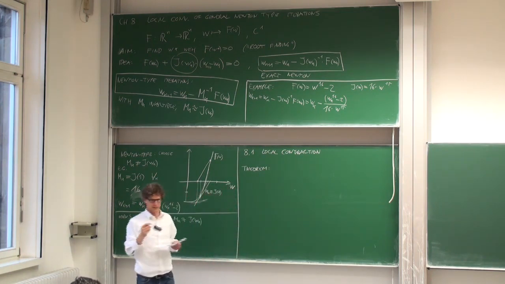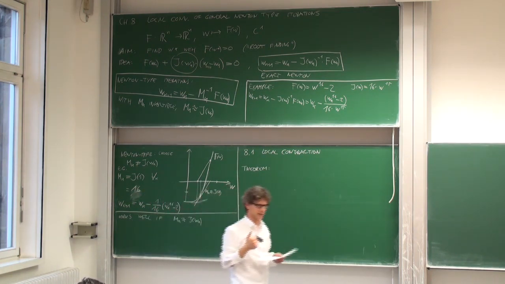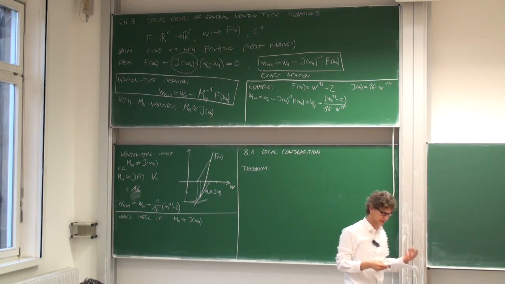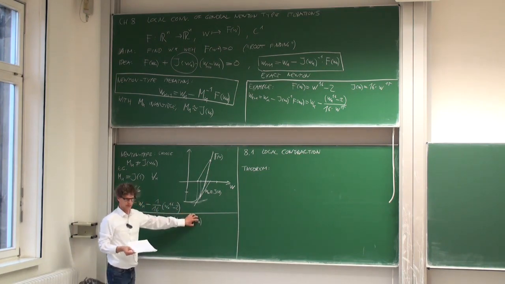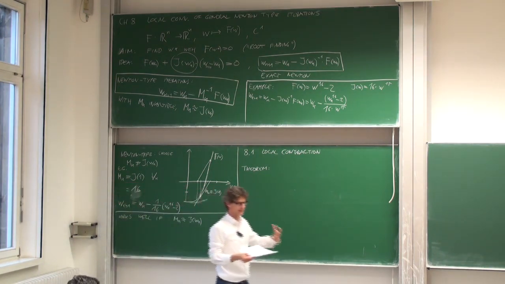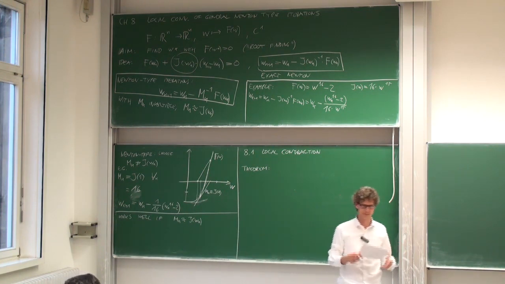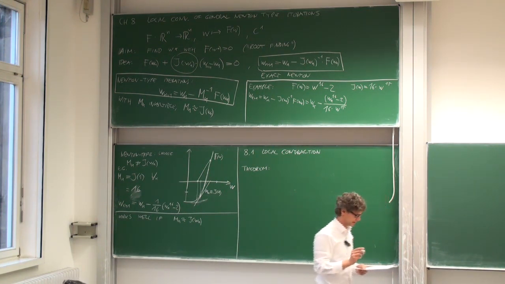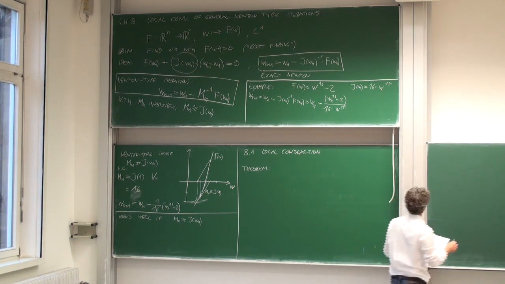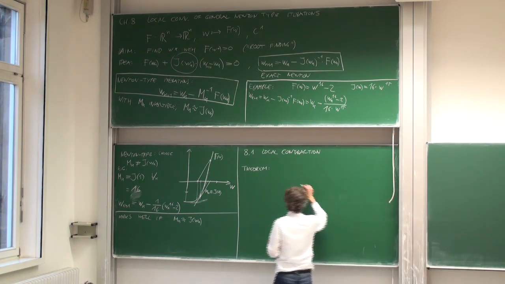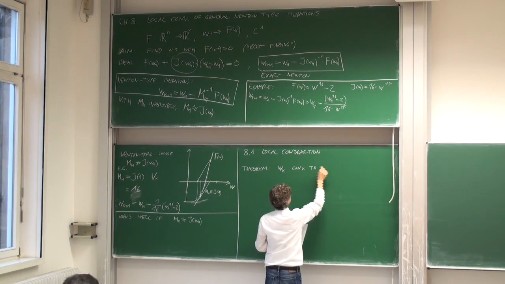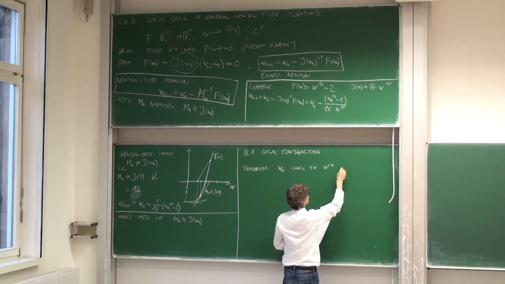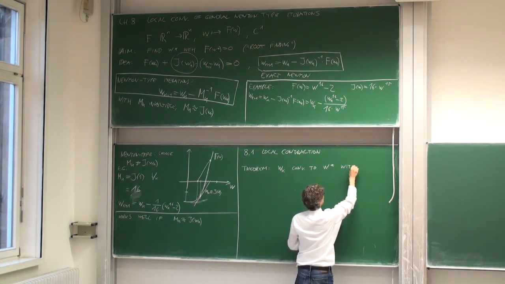And I will have to make two conditions for making sure that this converges. One of them is that the M should not be too different from this, and the second one is that the J itself should not be too different at different places. Okay, so let me just state this theorem. w_k converges to w star with contraction rate.